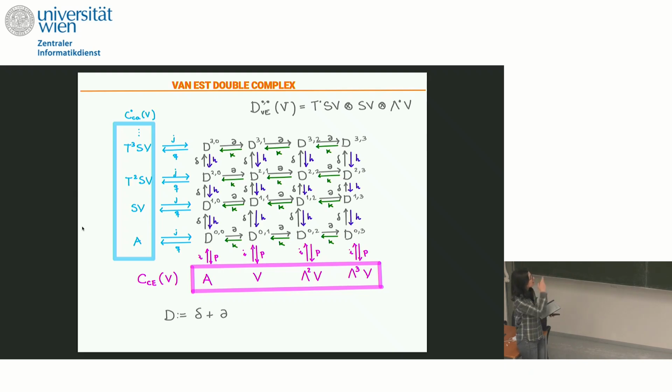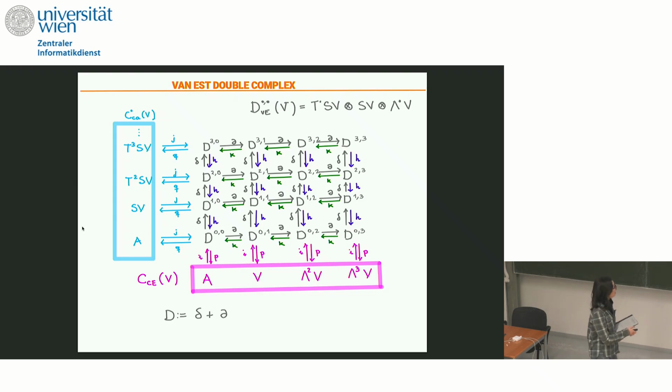We have a problem because you see, CA is related to Van Est, but with respect to a differential. And the Chevalley-Eilenberg is related to Van Est, but with respect to another differential. So we would like to use a common differential, which is this one, the total one, the one of the double complex.